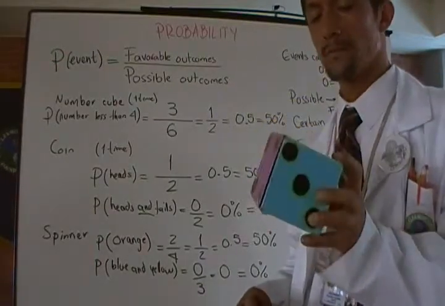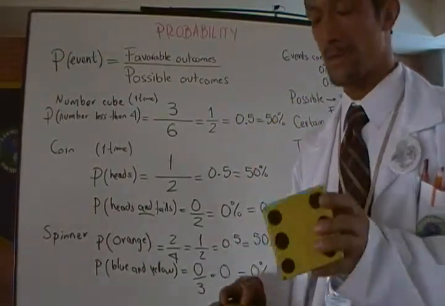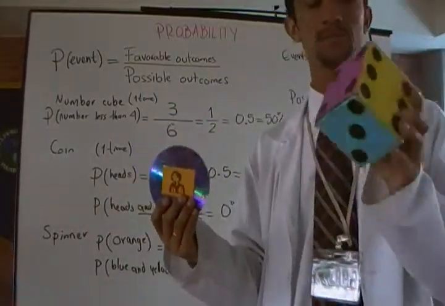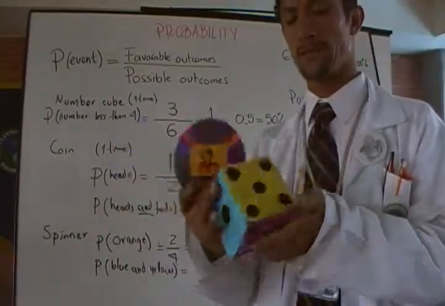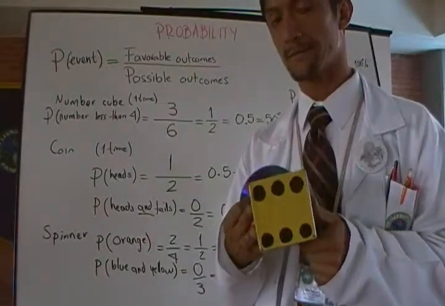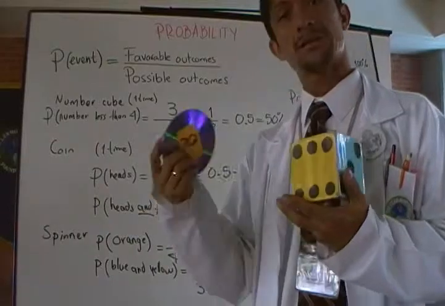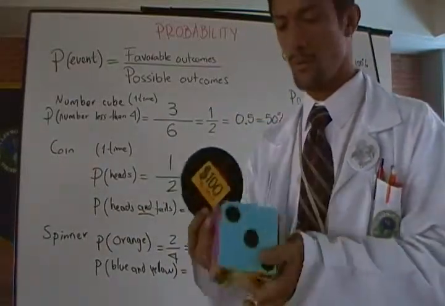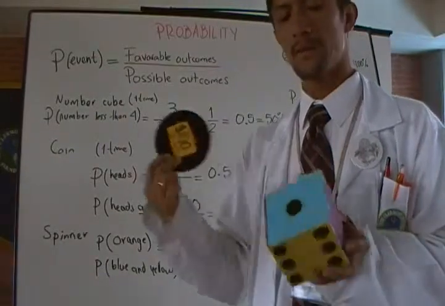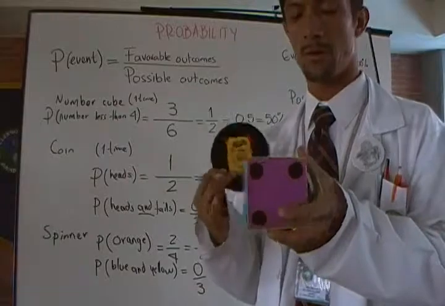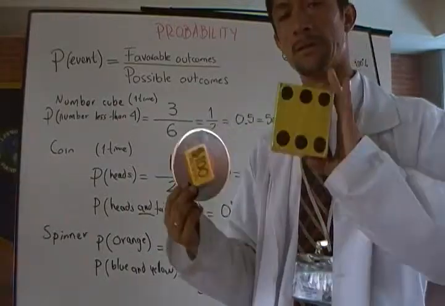If I use a tree diagram, for example, I can start with heads with 1, heads 2, heads 3, heads 4, heads 5, heads 6. And then the other 6 possible results would be tails with 1, tails with 2, tails with 3, tails with 4, tails with 5, and tails with 6.